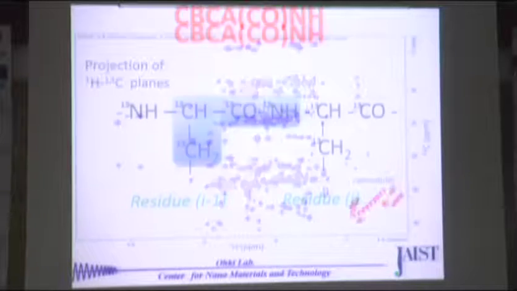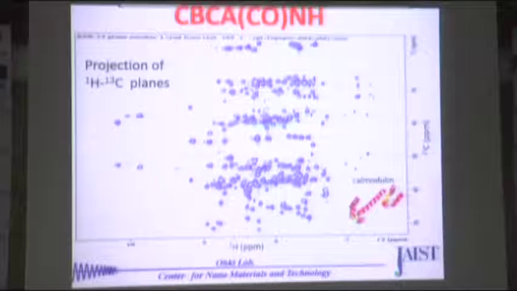Okay. So this is an example of a projection of proton and carbon-13 planes. Here is the amide axis, here is the aliphatic column. Each amide group has two peaks, C alpha and C beta.